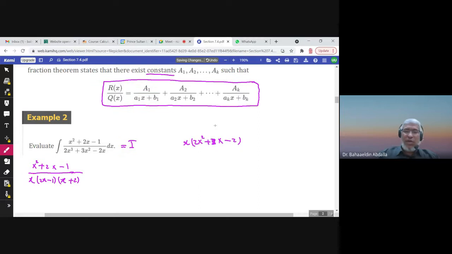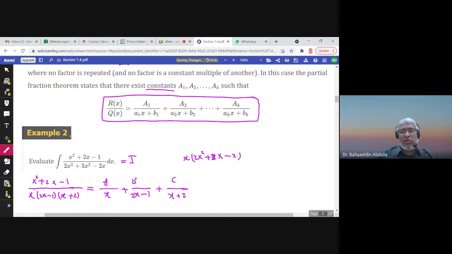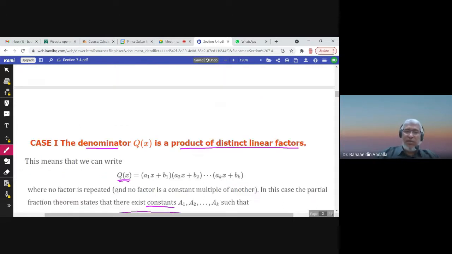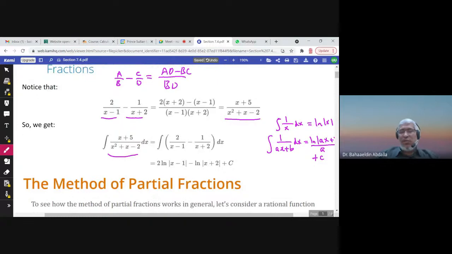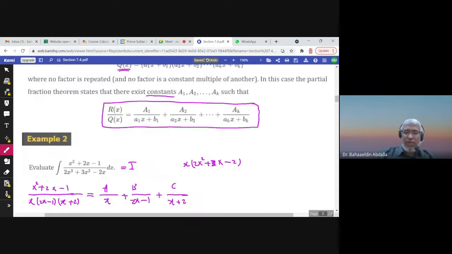So I can write this rational function with denominators x, 2x minus 1 and x plus 2, and here a, b, c are three constants. So this rational fraction can be written like this. Here we have a, b, and c.